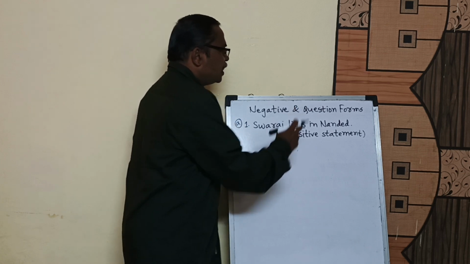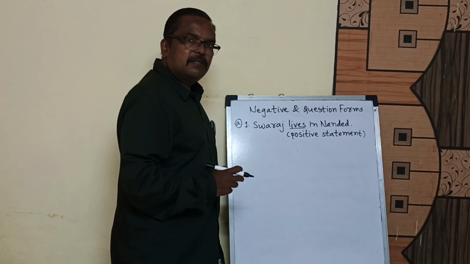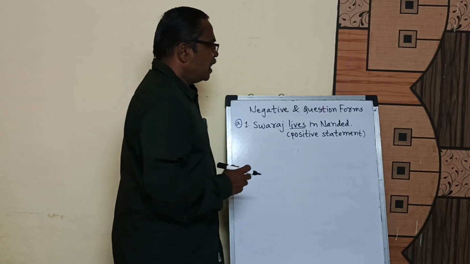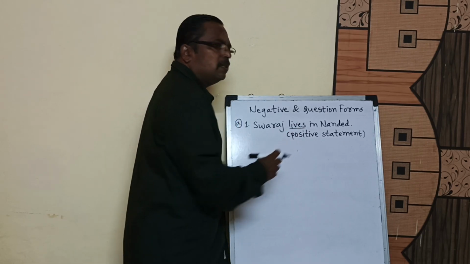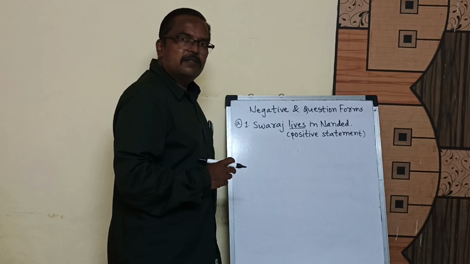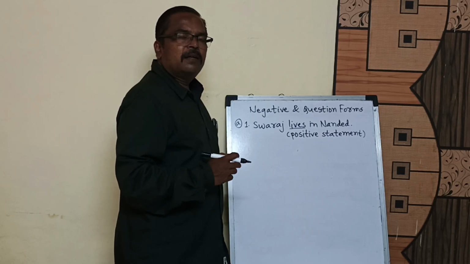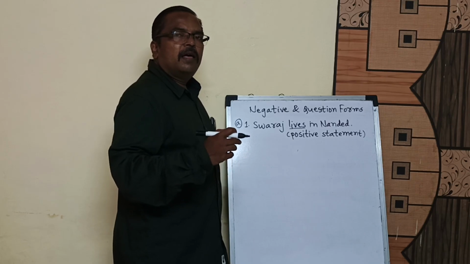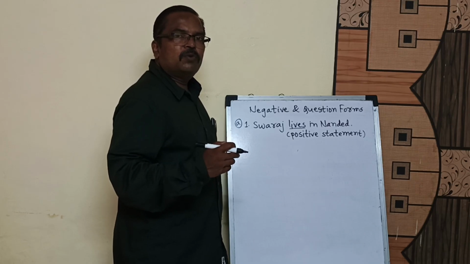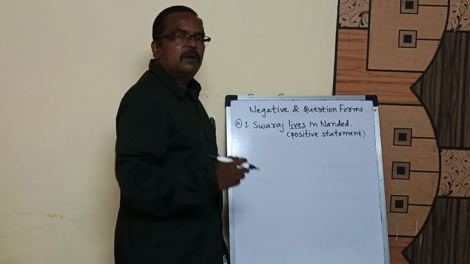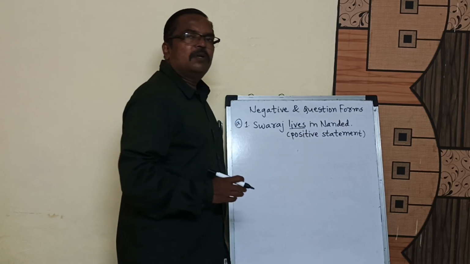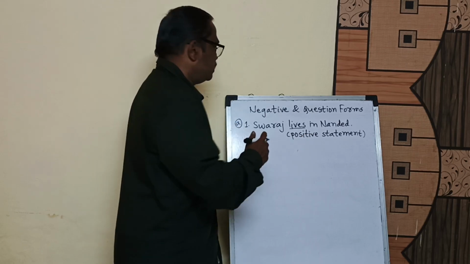Here we have the sentence in simple present tense and the verb is attached with the suffix s or es. Therefore, we must take the helping verb of to do, that is does, to turn it into a negative statement.